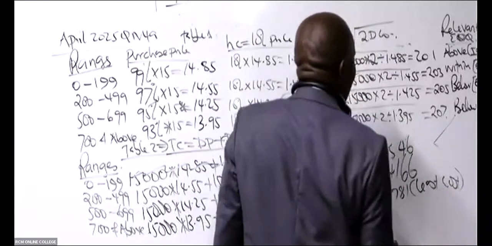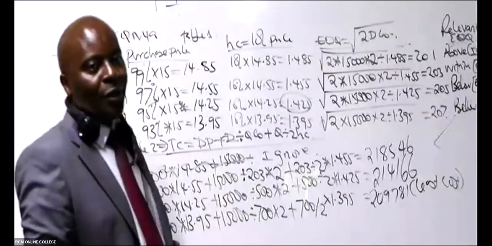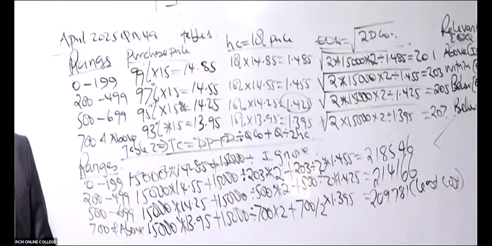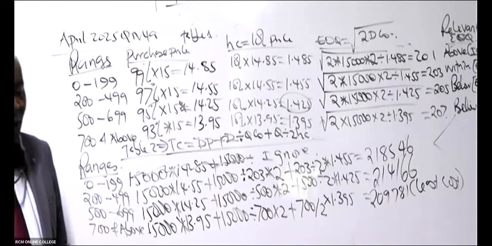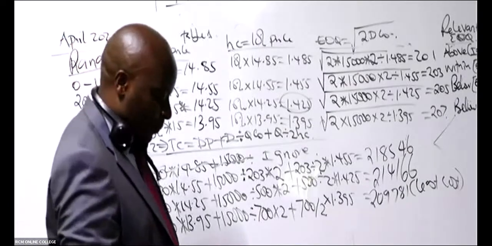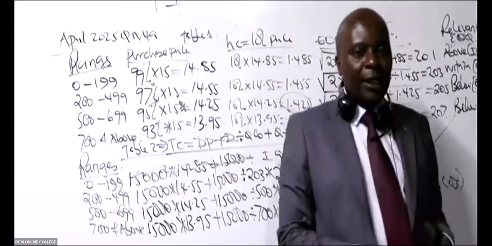And therefore the company should buy how many units here? The fourth EOQ, 700, yes. The company should procure 700 units at a time. So is that okay? The company should procure 700 units at a time.